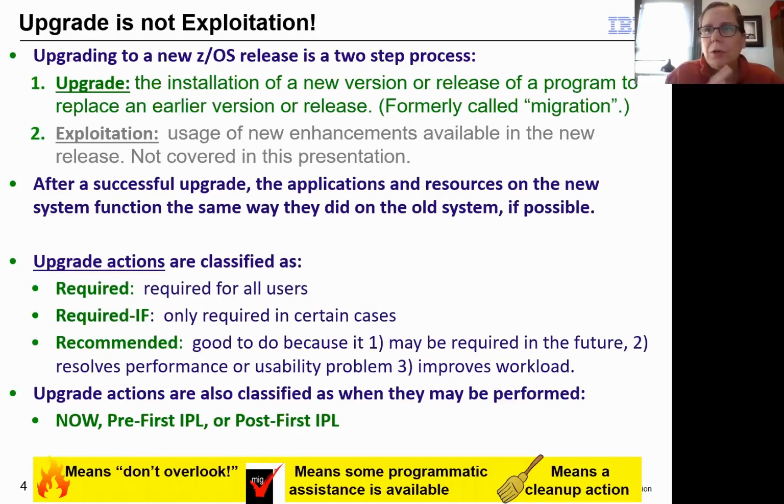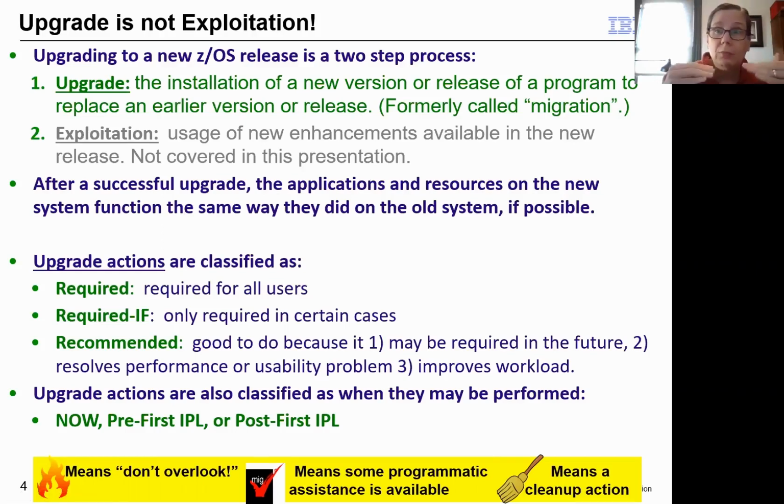Upgrading to a new release is a two-step process. The first thing you do is upgrade, the old term being migration: you put the new release in place of the release you previously had, and then you get it stabilized. You probably won't use any new functions; you'll just get it working to the baseline of what you had before. Then, as in the grayed out items here, the next thing you'll do is exploitation.